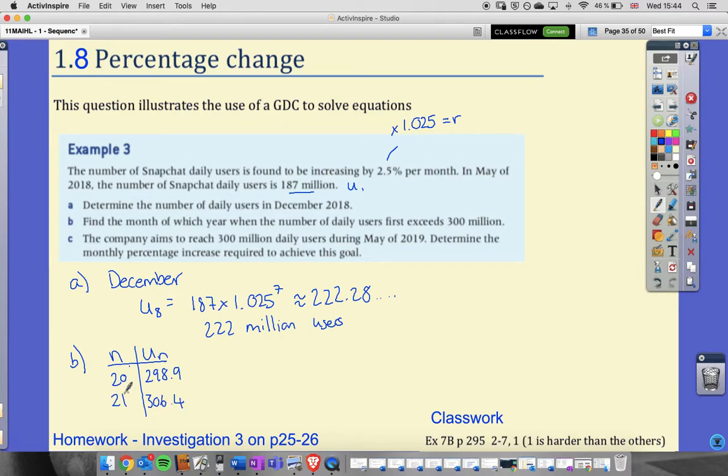Okay, so clearly, when n is 21 is the month where the daily users exceed 300 million. So we just need to figure out when is n equals 21, and that is January of 2020.